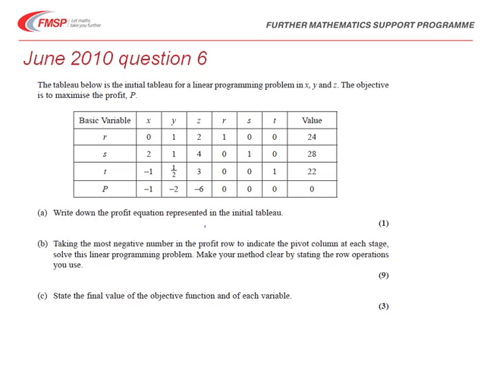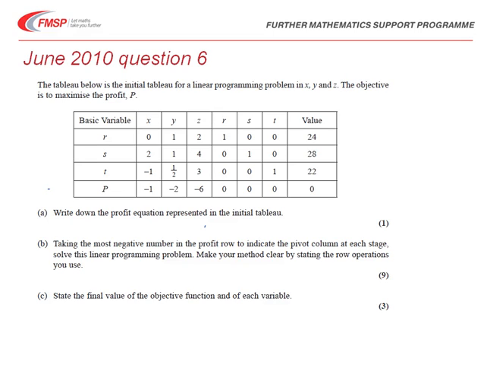It says the tableau is the initial tableau for a linear programming problem in X, Y and Z. The objective is to maximize the profit P. So here we have the tableau with its basic variables marked R, S, T, and the variables X, Y, Z, R, S and T along the top. It says write down the profit equation represented by the initial tableau.